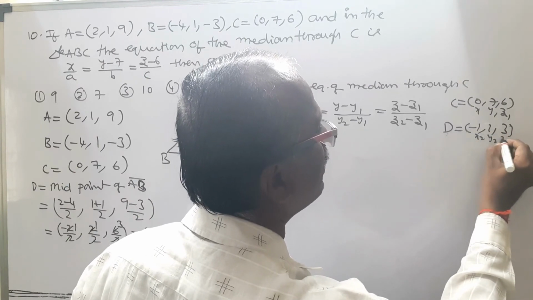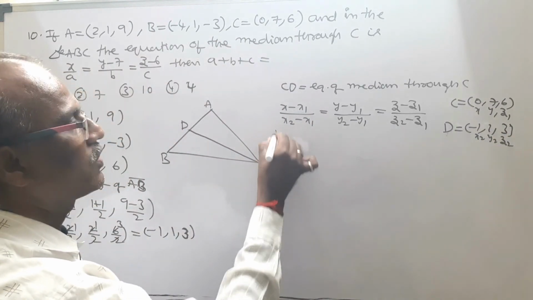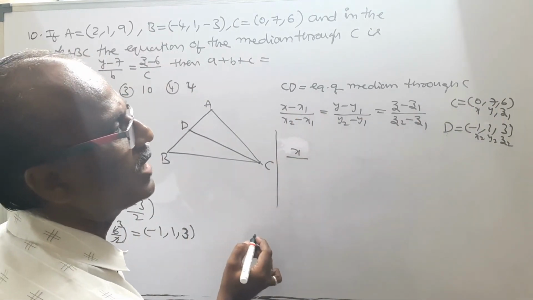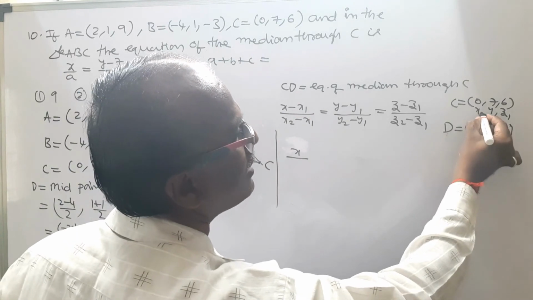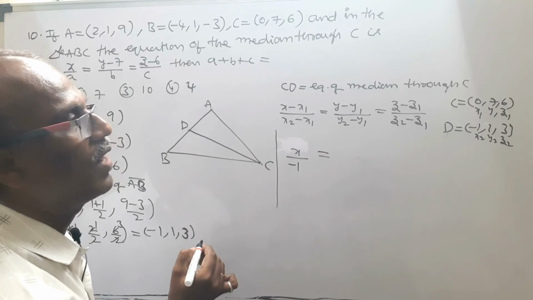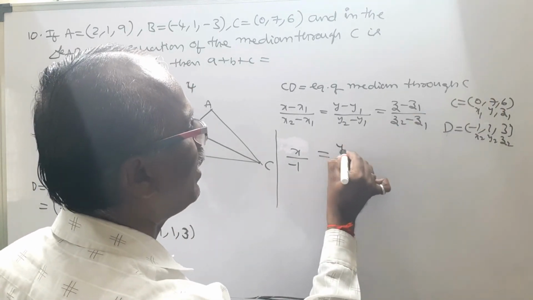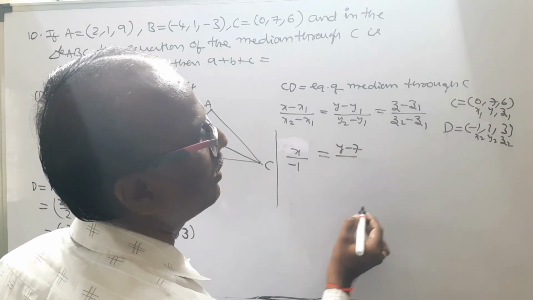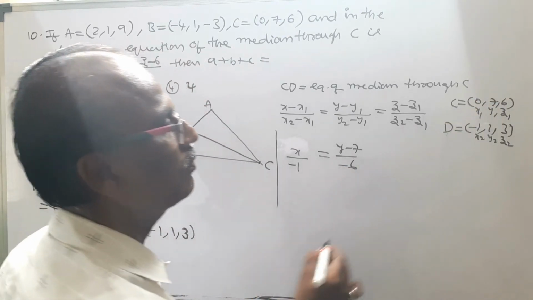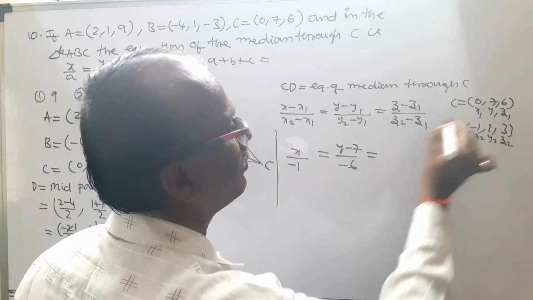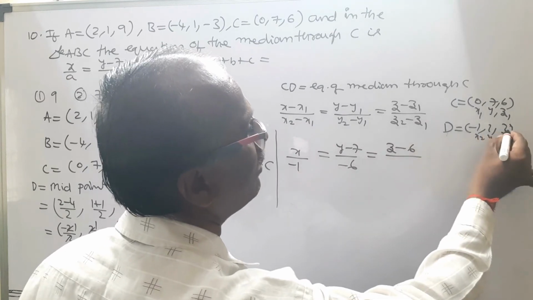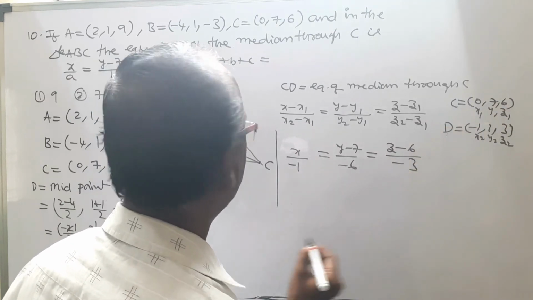x minus x1, here x1 is 0, so x minus 0 is x; x2 minus x1 is minus 1 minus 0, minus 1. y minus y1, y1 is 7, so y minus 7; y2 minus y1 is 1 minus 7, minus 6. z minus z1, z1 is 6; z2 minus z1 is 3 minus 6, minus 3.